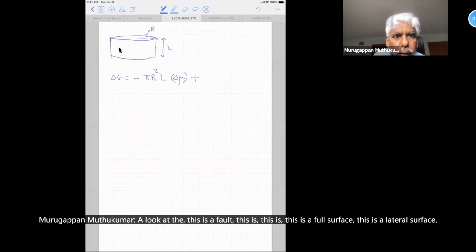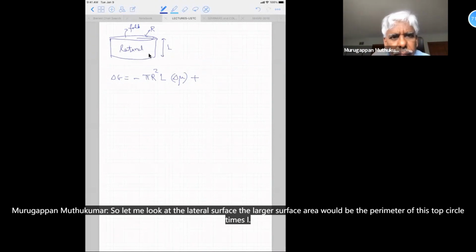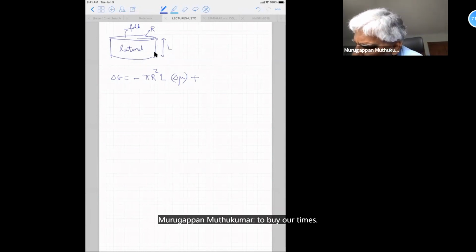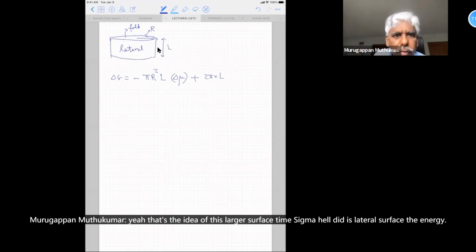look at this, this is a fold surface. This is a lateral surface. So let me look at the lateral surface. The lateral surface area would be the perimeter of this top circle times L, 2 pi R times L. That's the area of this lateral surface times sigma L. This is the lateral surface free energy.